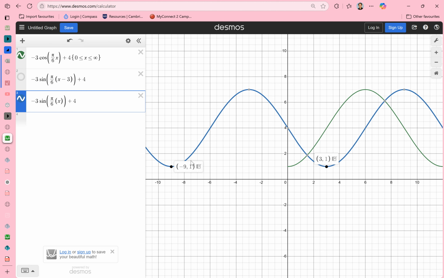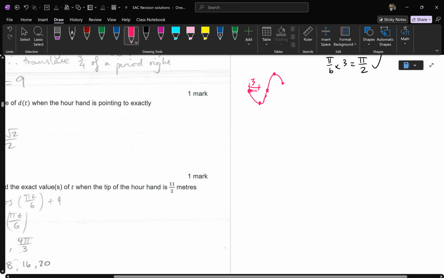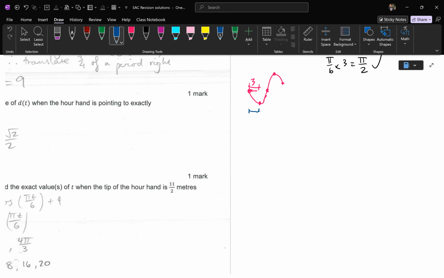You're moving 3 quadrants to the right in order for you to get the negative 1 here to the 0, 1. And so when we say 3 quarters, I'm talking about these points here. So this is 1 quadrant, 2 quadrants, 3 quadrants.